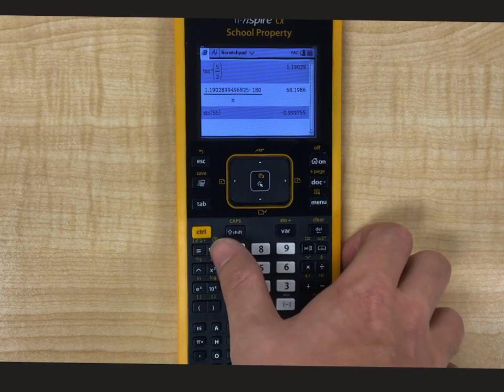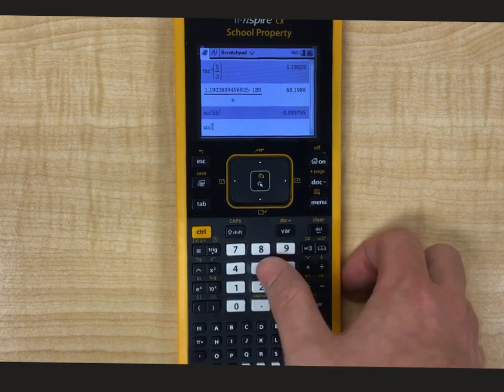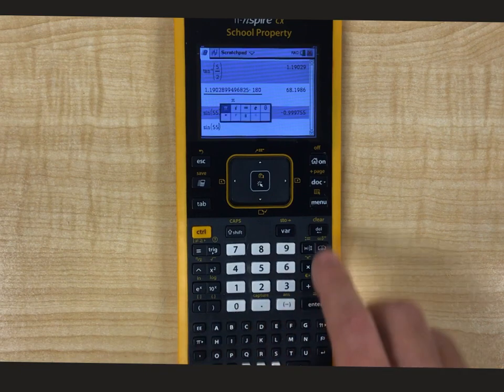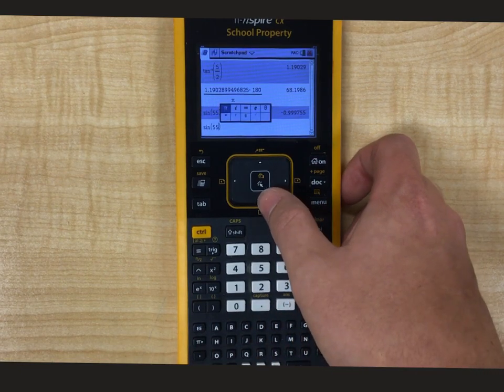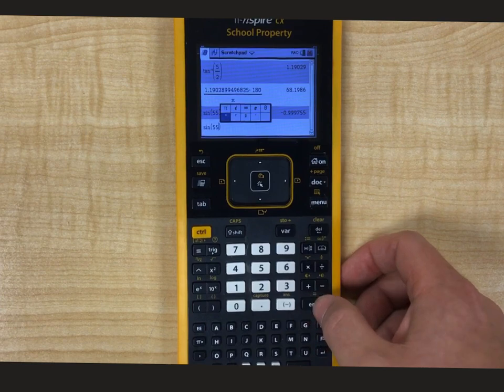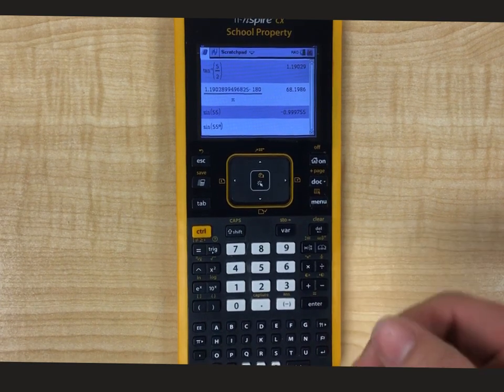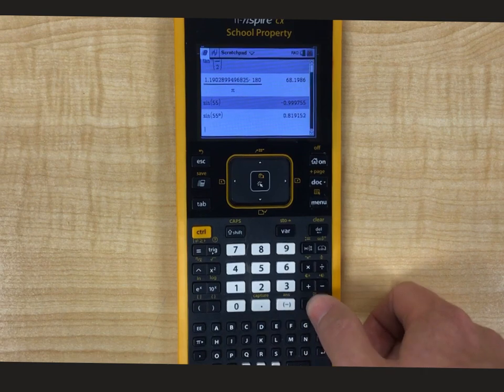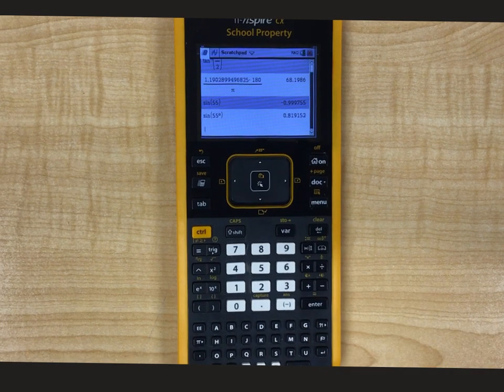In order to get it in degrees, I'm going to do the same thing, so sine of 55, but before I hit enter, I'm going to come down here to the pi menu again, and right below pi is the degree symbol. I'm going to hit enter. Now it's going to interpret sine of 55 degrees instead of radians. So this would be the correct answer for that question.